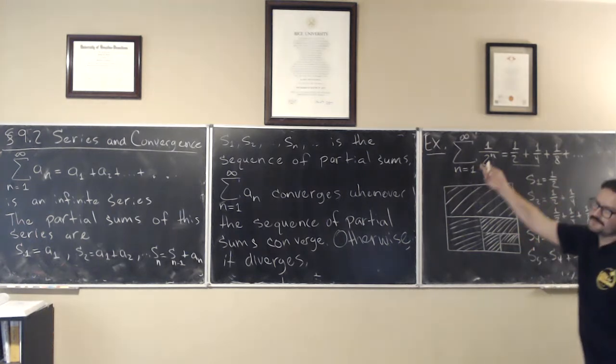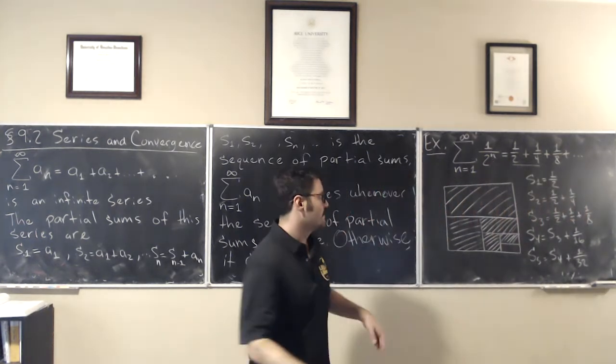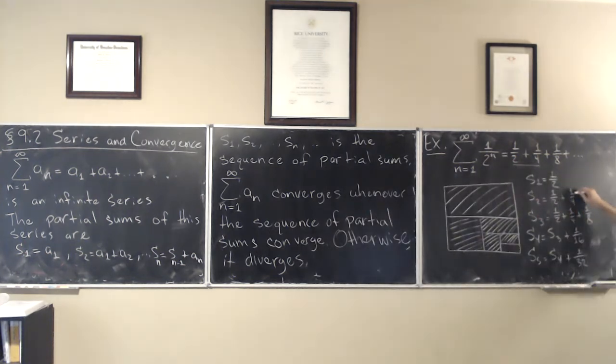What do you think this sum is converging to? Where are these values going? What are they getting closer to? So we have a half, we have 3/4, 7/8, and then 15/16.